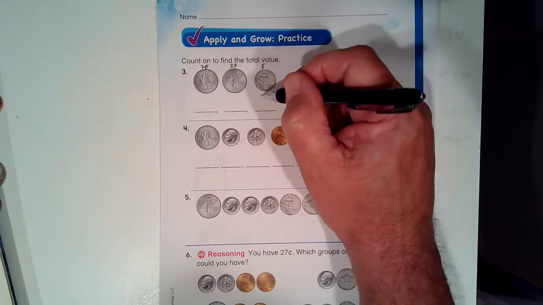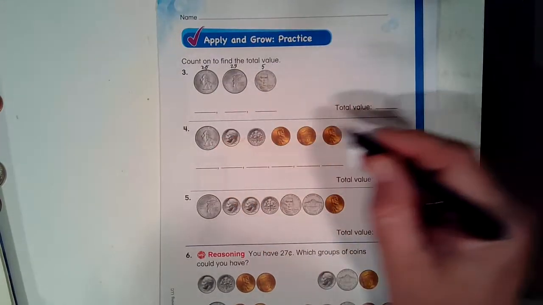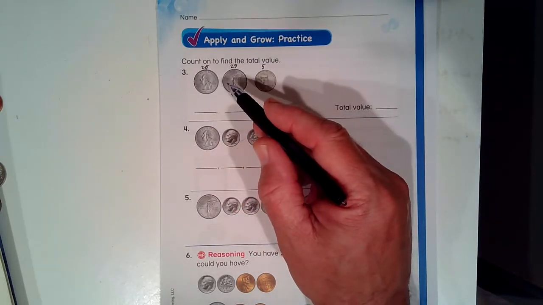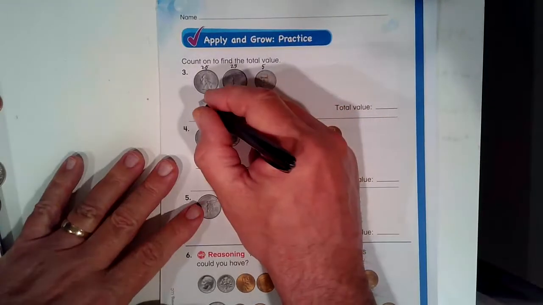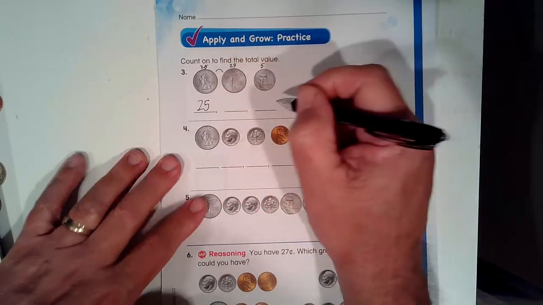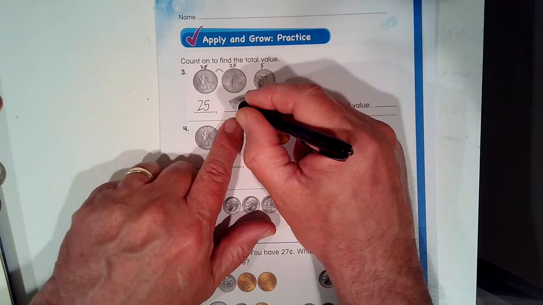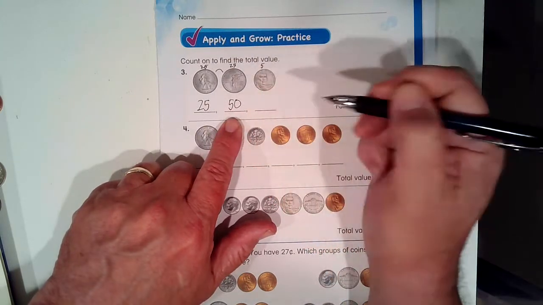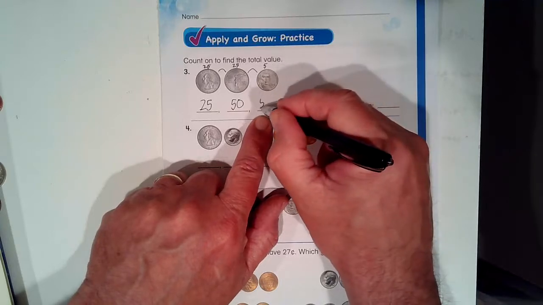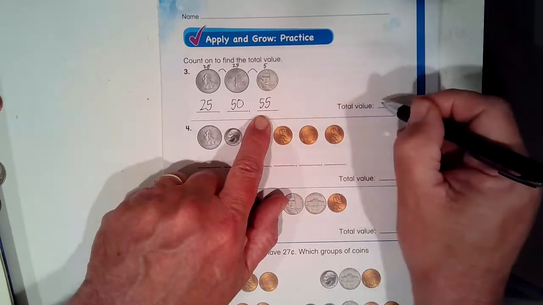So to find out how much I have altogether, I have to put these together. 25 plus 25. Remember, the first one is 25. When I add that to this one, 2 quarters makes 50 cents. And then I add 5 more, I get 55 cents.